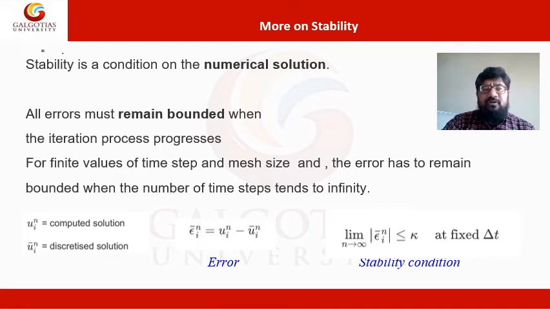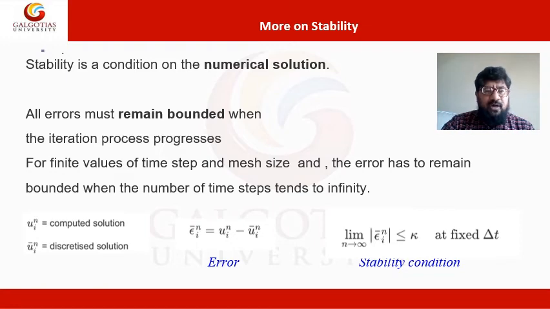It will only guarantee a solution when the strategy is stable, meaning all errors are bounded when we are solving the equations. What stability says is that for finite values of time step and mesh size del t and del x, the error has to remain bounded.